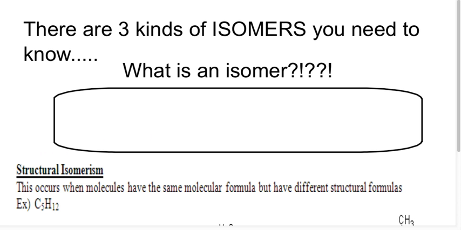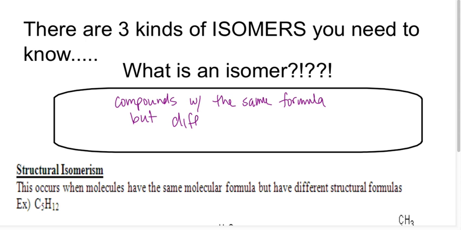All right, so we're going to look at isomers now. There's 3 different isomers we want you to be familiar with. All of them are basically different. Well, they're not all structural, but at the end of the day, isomers are compounds with the same formula, but different arrangement, which could lead to some different things.